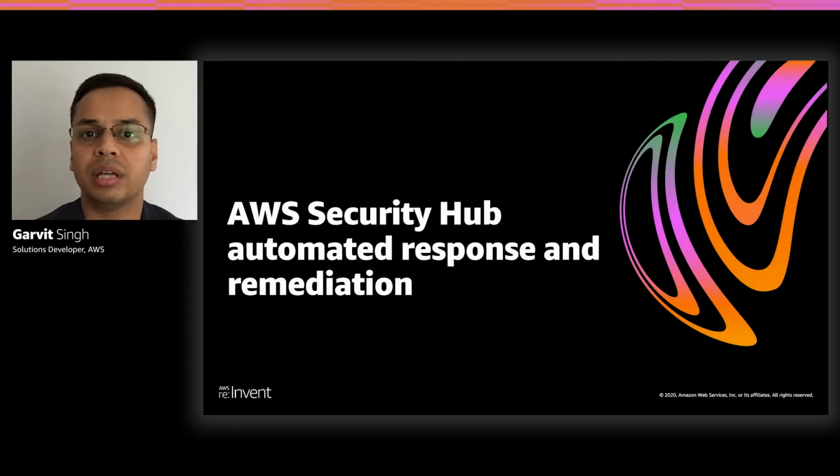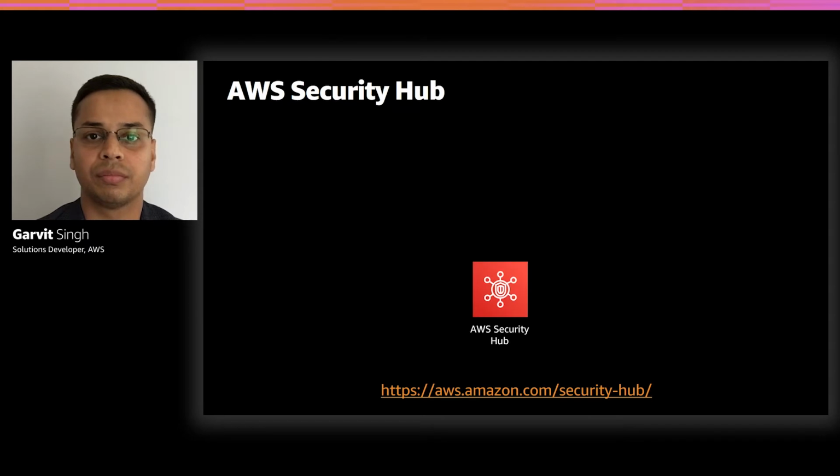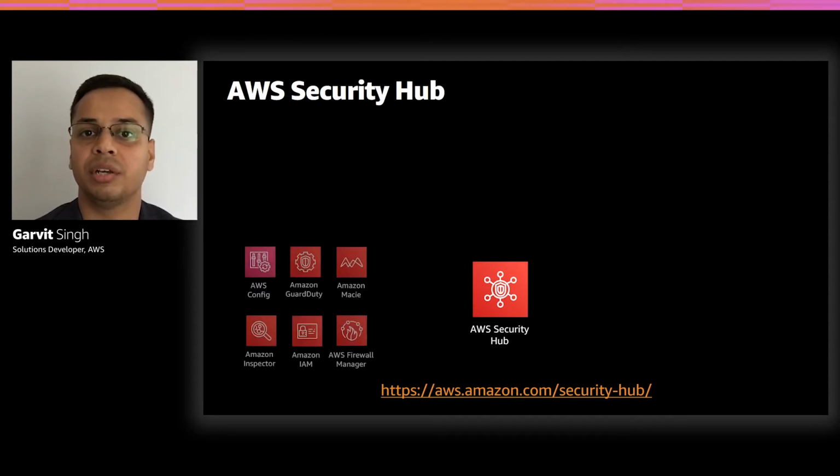So let's take a look at our first solution, which addresses the design principle of detection. This solution is built around the service AWS Security Hub. AWS Security Hub takes its security findings from various different AWS services like AWS Config, Amazon Macie, and Amazon IAM.